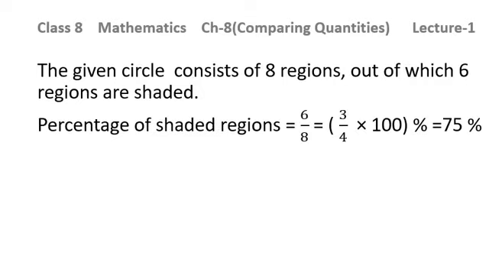So for the percentage of shaded regions, first of all we will write it as a fraction, that will be 6 over 8. Converting it into standard form, that will be 3 over 4, into 100%, that means 75% of the region of the circle is shaded. 6 parts were shaded, total parts are 8, so we have represented it first as the fraction 6 over 8, which is equal to 3 over 4.